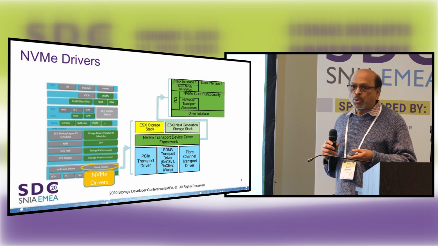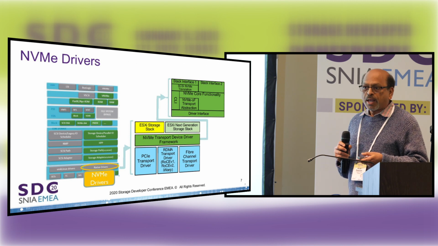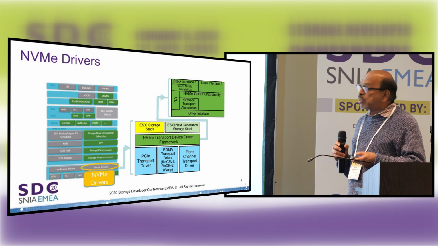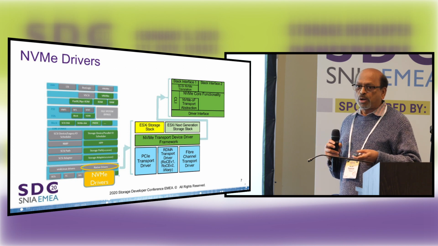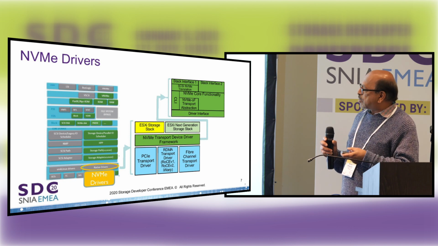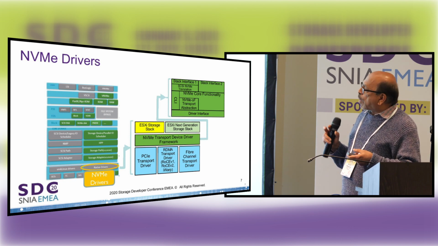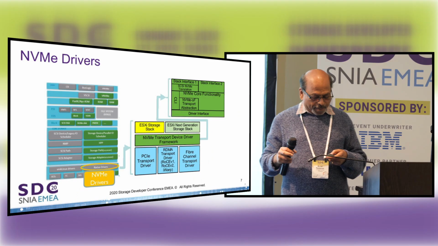We will be supporting RoCE RDMA and Fibre Channel to start with. That's coming in the next release of ESX, which is right around the corner, but I can't talk about it because I'm not a product manager. And above that, you have two boxes here. One talking to the SCSI side of the house, the other one is NVMe.